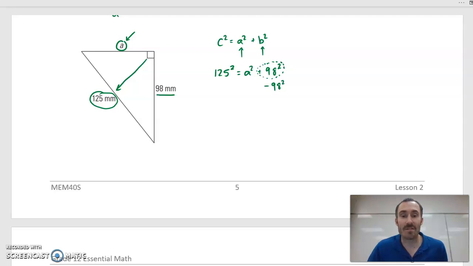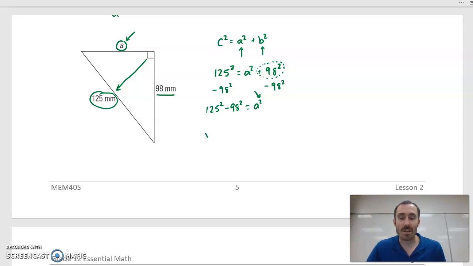Okay, it's the opposite of addition. It's added to the a squared, and so I'm going to subtract it. And what I do to one side, I have to do to the other side, or else they're not equal anymore. And so what I end up with is a squared is equal to 125 squared minus 98 squared. Now, in order to figure out a, I'm going to have to get rid of this squared as well, so I'll still have to do that square rooting I did on the previous one.